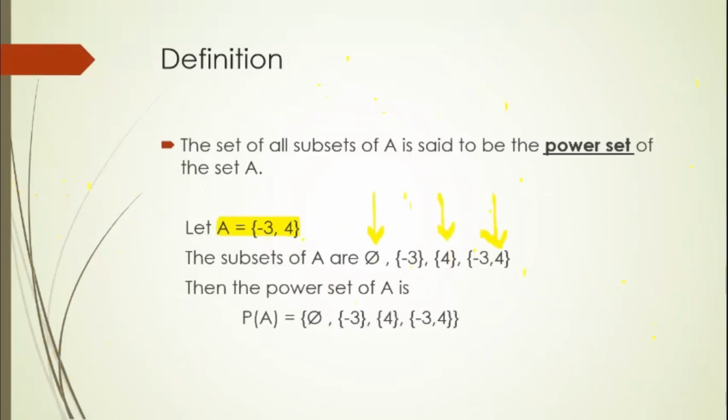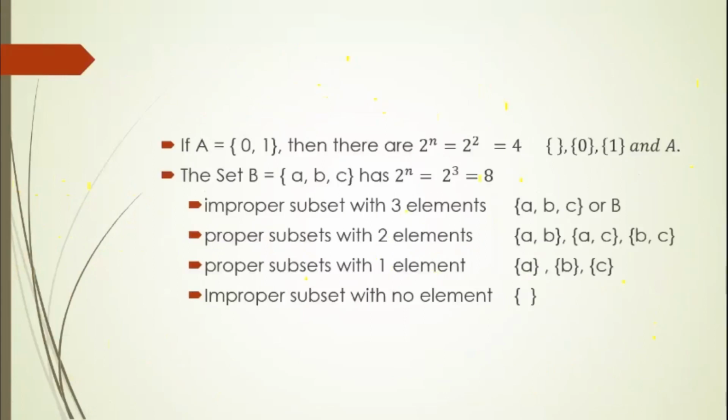So how will we know how many subsets are there in a given set? This is how we determine it. We use the formula 2 raised to the n. Let us consider this set that contains elements 0 and 1. What would be the cardinality? The cardinality of this is equal to 2.